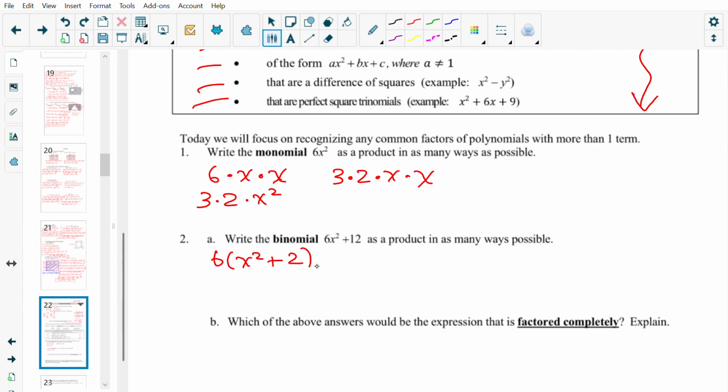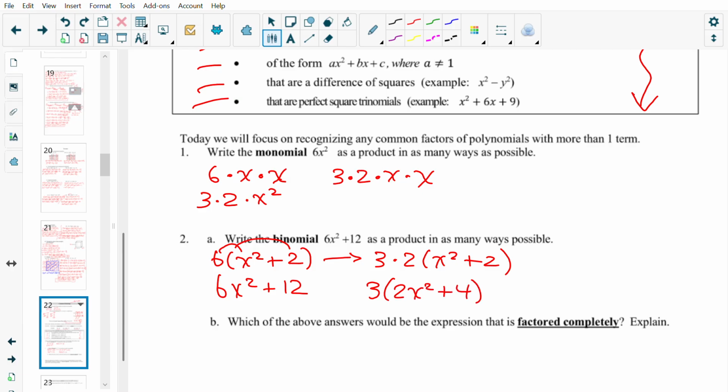6 times x squared plus 2. I'll show you how to do this in the next page or two, but think about if I distributed this back, that's 6x squared plus 12. I can also think of this as 3 times 2 times x squared plus 2. Or I can do 3 times 2x squared plus 4.